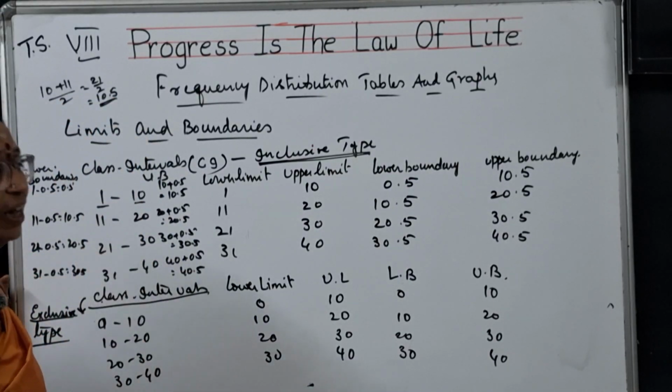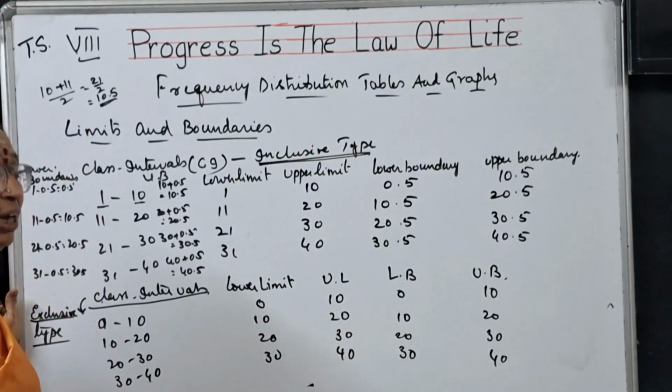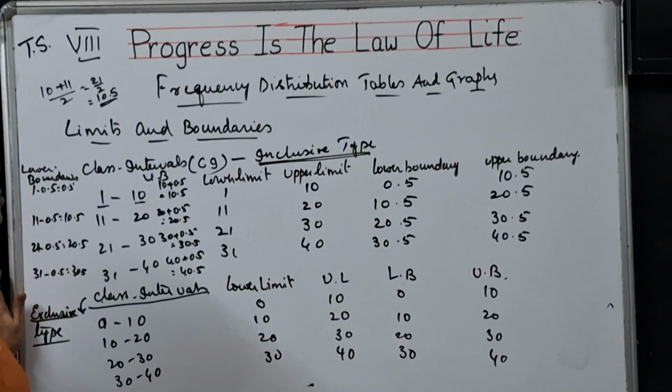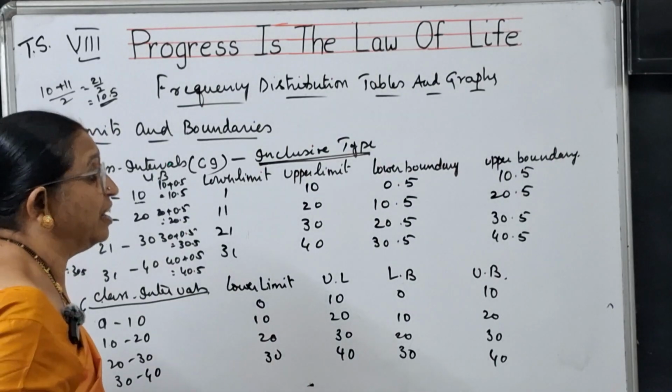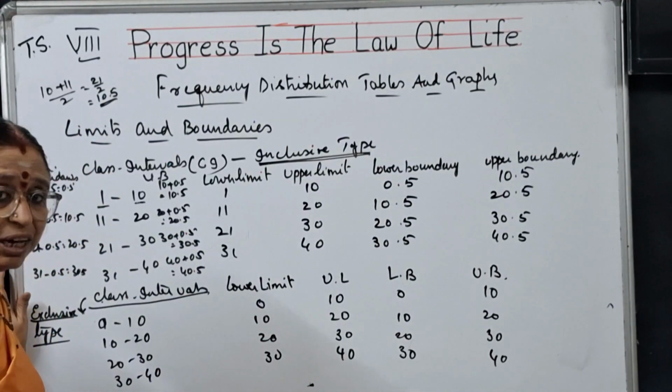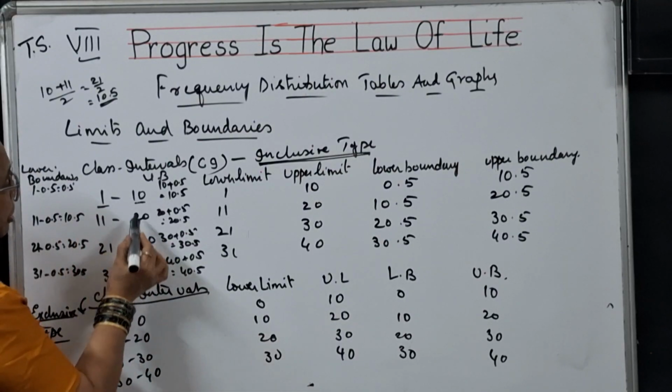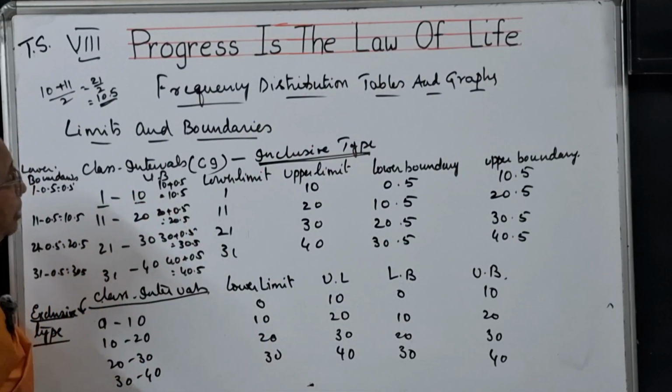But every time doing this might be a strenuous job, or there may be possibilities of error in it. That is why the clue I am giving you is subtract 0.5 from the lower limit, add 0.5 to the upper limit. That also will give you the same answer.